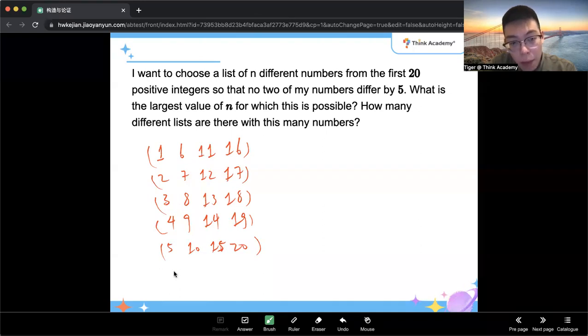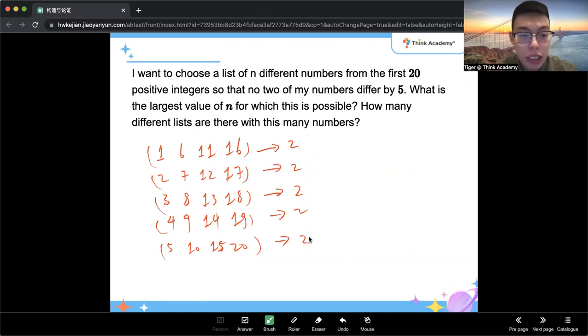So among these 20 numbers, it means that I can choose at most 2 numbers from each set of 4. And also, I don't need to worry that these numbers are going to have a difference of 5 with the other groups. Does it make sense?